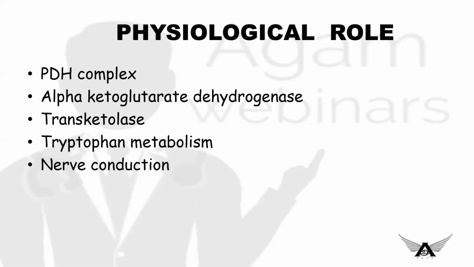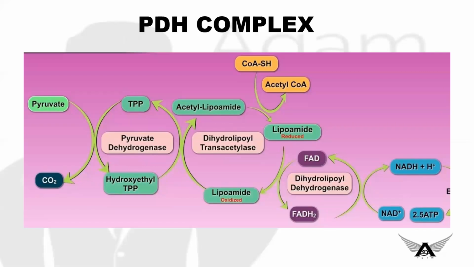PDH complex, where is this PDH complex useful? PDH complex is useful in the conversion of pyruvate to acetyl-CoA, which is the link reaction of aerobic respiration. For pyruvate to be converted into acetyl-CoA, it needs the enzyme PDH, pyruvate dehydrogenase. This pyruvate dehydrogenase needs TPP to act. So TPP activates pyruvate dehydrogenase.